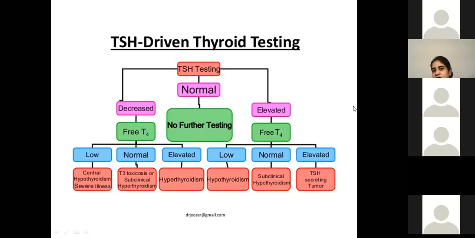Now, there are a lot of autoimmune diseases, like Hashimoto's, that need to be sorted out, or iodine deficiency that needs to be sorted out. All of those things need to be looked into. So if you have an elevated TSH level with a normal free T4, you will have subclinical hypothyroidism. That is an indication for it.